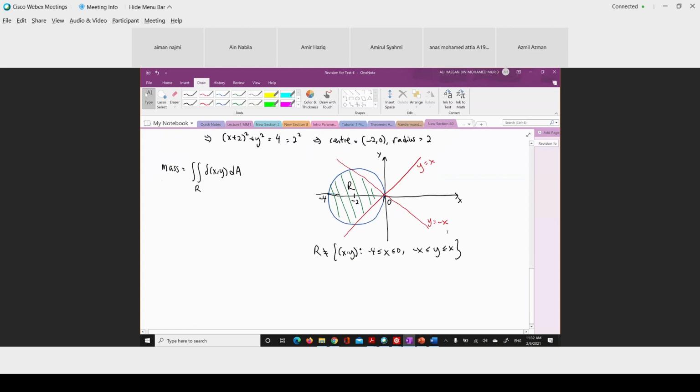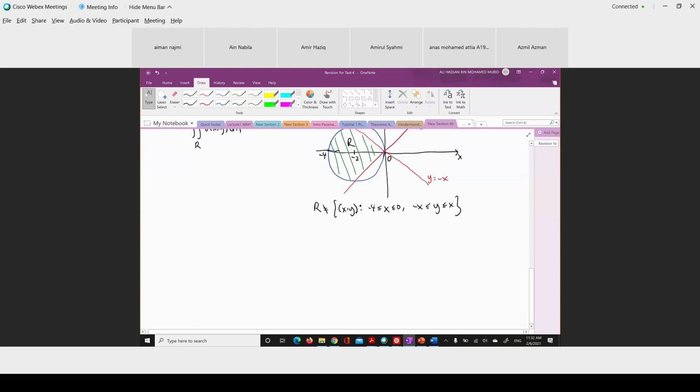If x is between minus 4 and 0, and y is between minus x and x, R is a triangular region. So this set refers to a triangular region. It has nothing to do with the circle at all.